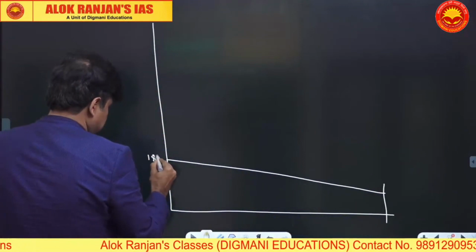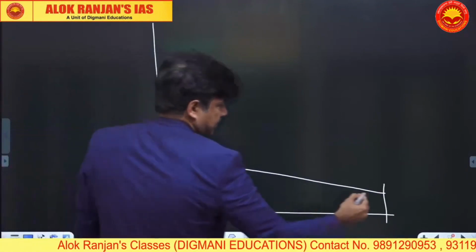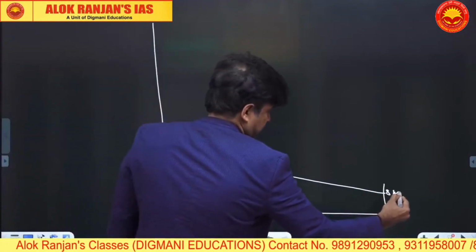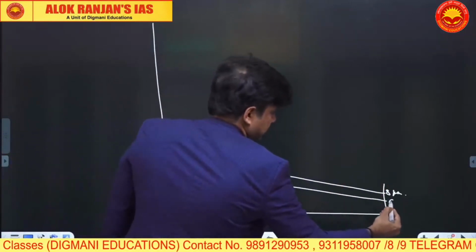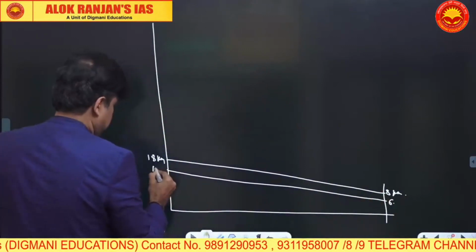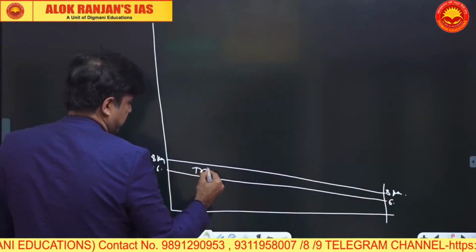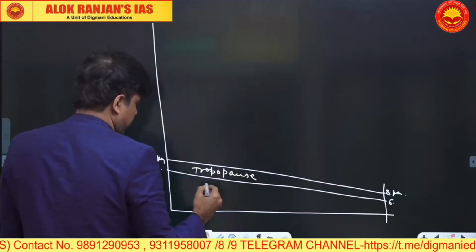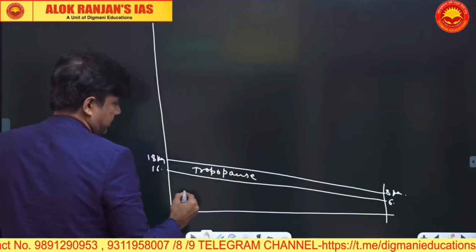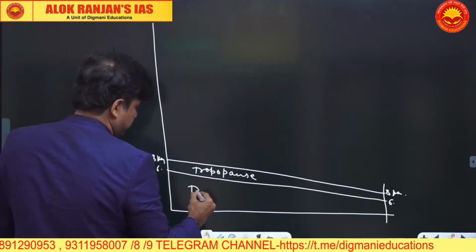There is 18 kilometers, there is 8 kilometers, 6 and 16. There is the tropopause, and this is your troposphere.